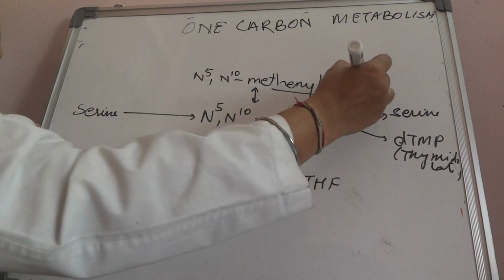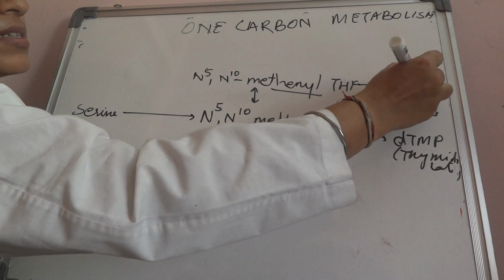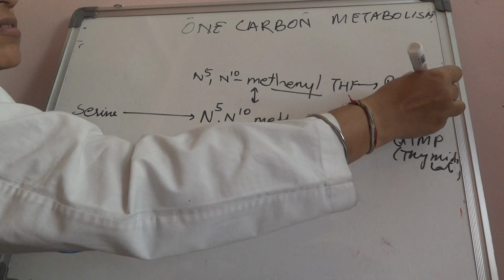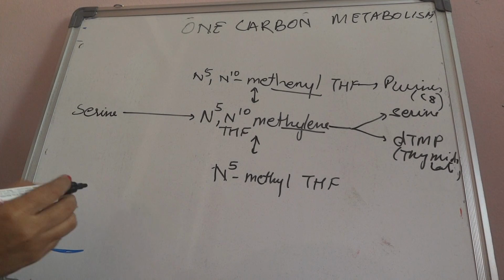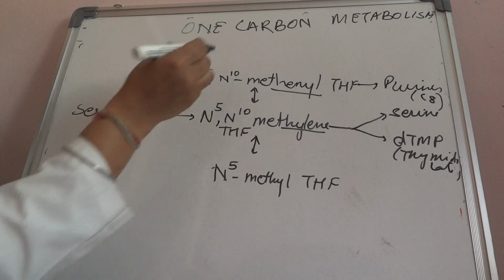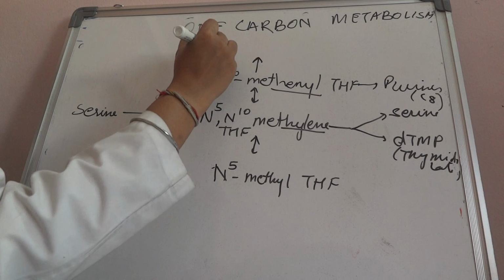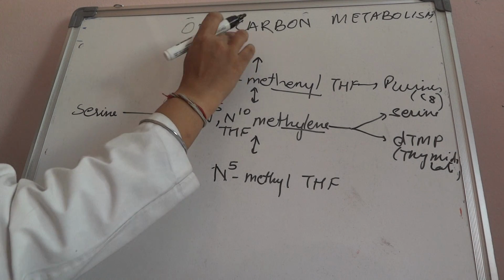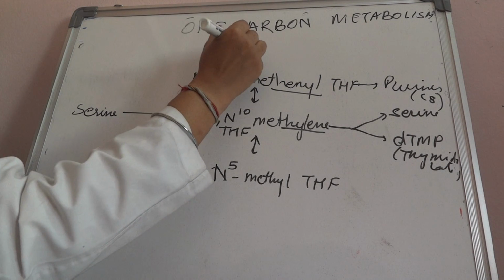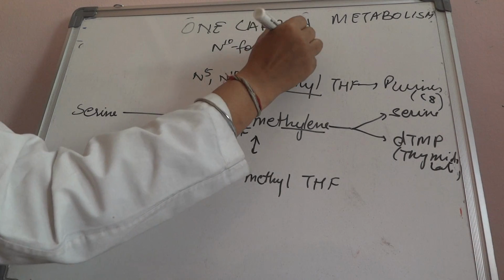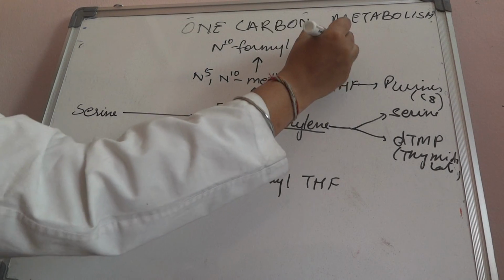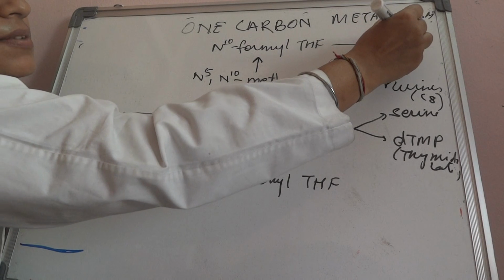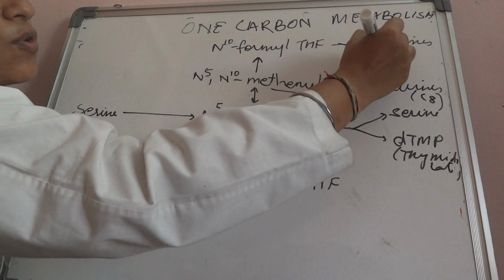N5N10 methenyl tetrahydrofolate forms purines, the C8 carbon, and this N5N10 methenyl tetrahydrofolate can again form N10 formyl tetrahydrofolate, which can again form purines, or it can form formyl methionine.